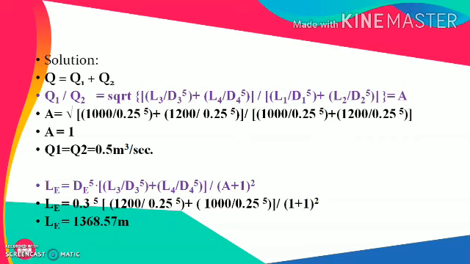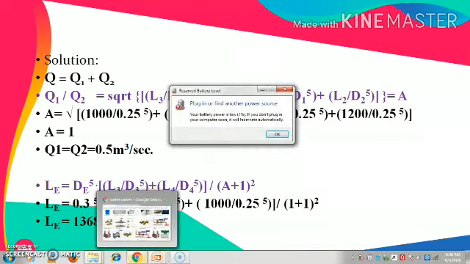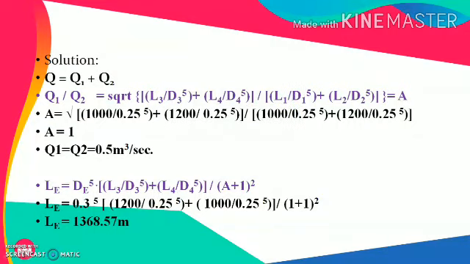So the value of that, when we put in all the given dimensions, becomes 1. So A becomes 1, or in other words, Q1 equals Q2, and so it will be 0.5 meter cube per second, and using that we can easily calculate the length of the equivalent pipe having a diameter of 0.3 as 1368.57 meter. So this is an application of the equivalent pipe method in the simplification of the overall network of pipes placed in parallel.